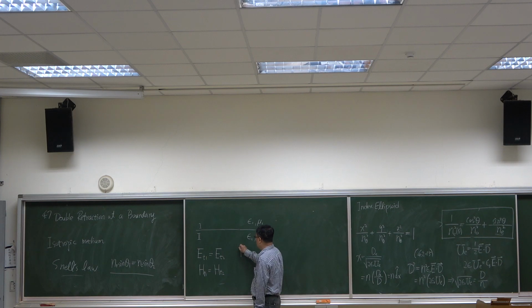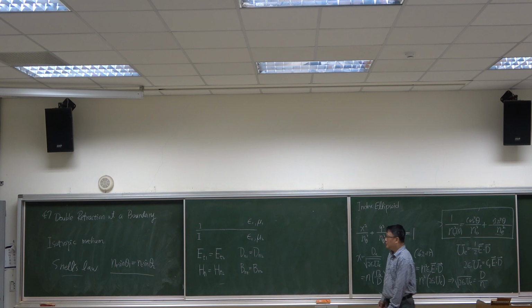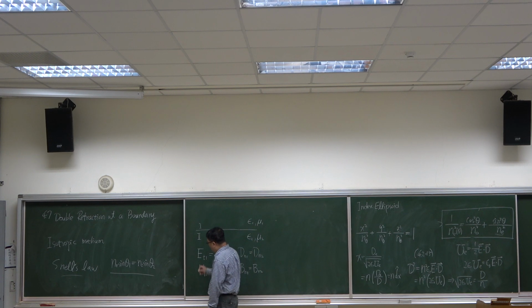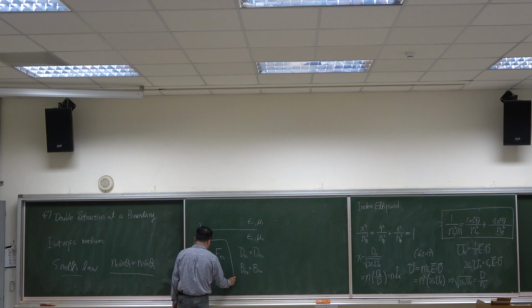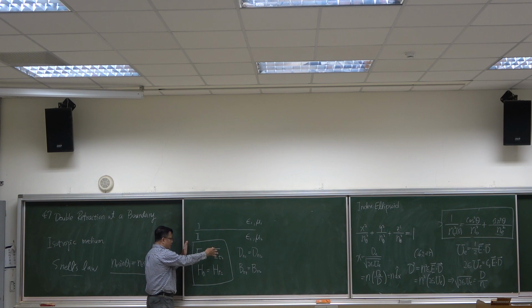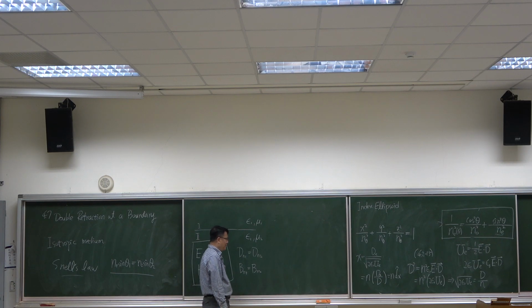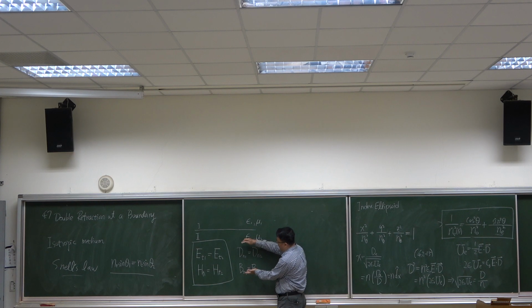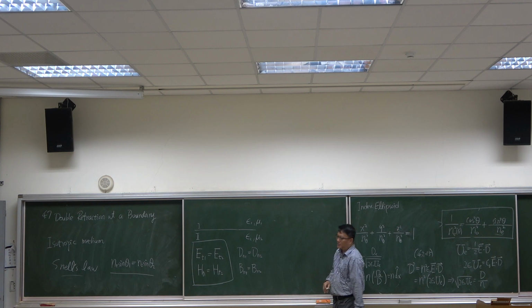The normal component of the D field and the normal component of the B field are continuous. But usually we can use only these two boundary conditions. Using these two boundary conditions is enough. Usually we do not need to implement these other two boundary conditions.